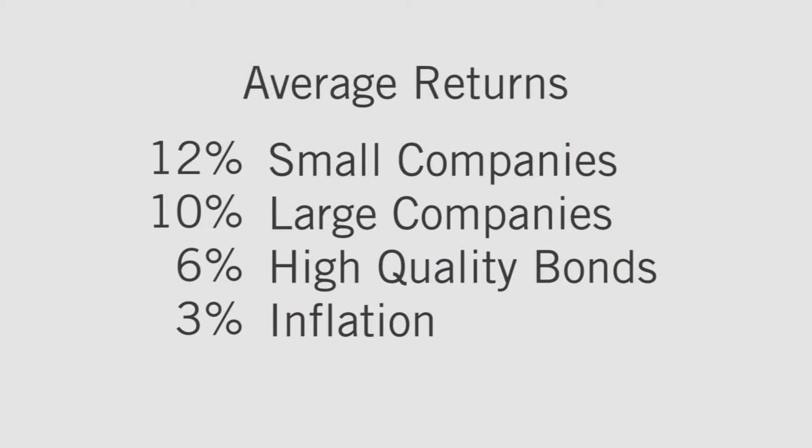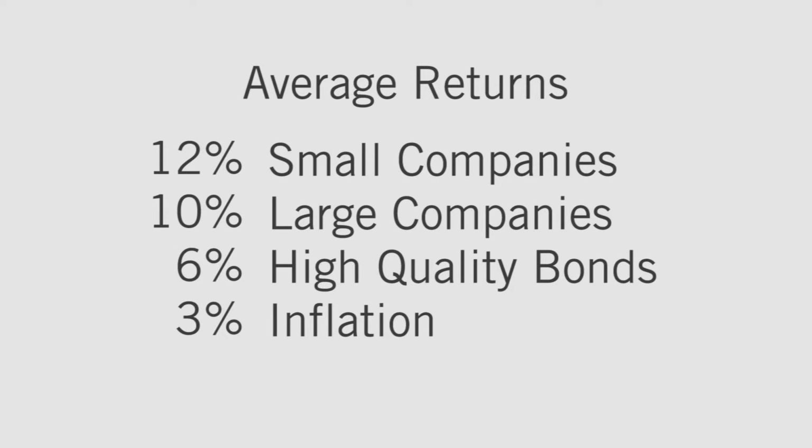Consider the historical data of three asset classes: large companies, small companies, and bonds from 1926 to 2013. There are four numbers to remember: 12, 10, 6, and 3. Small companies have had an average return of 12%.